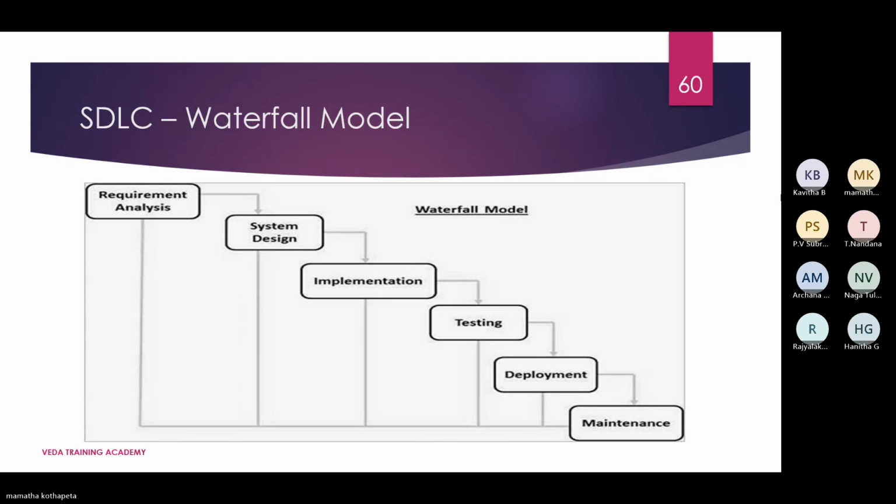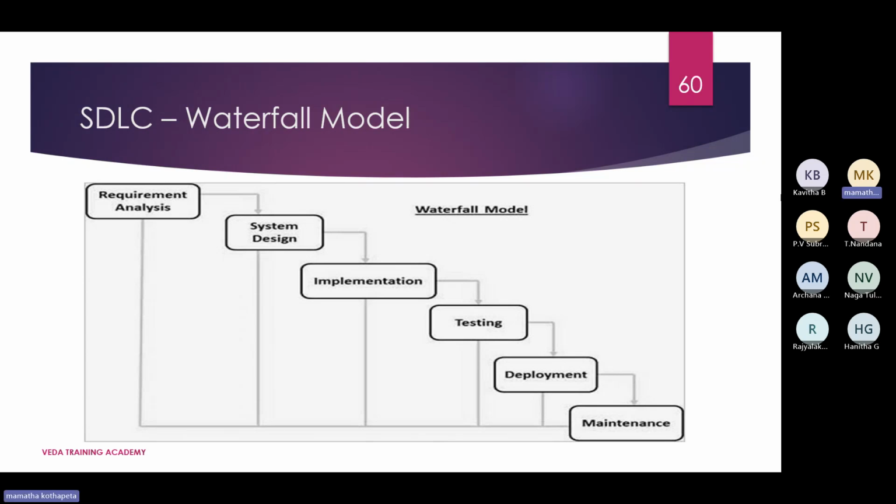If the customer says my budget is fixed, I cannot go beyond this budget, then we go for a waterfall model. If the customer says I want this application to be delivered within 1 year, then we'll go for a waterfall model. It means all the constraints of the project, scope, schedule, and cost, including the requirements, if they are clear and fixed, then we go for a waterfall model.